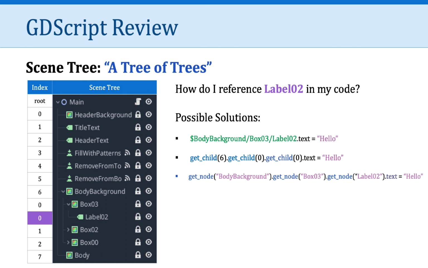Or I could tell Godot, get child at index 6, get a child of that child at position 0, and then get another child at position 0.text and set it to hello. Or I could use the getNode function and say, get the node called body background, then get the node named box 3, then get the node label 2, and set the text value to hello. Again, all 3 of these lines of code accomplish the same thing in a different way.